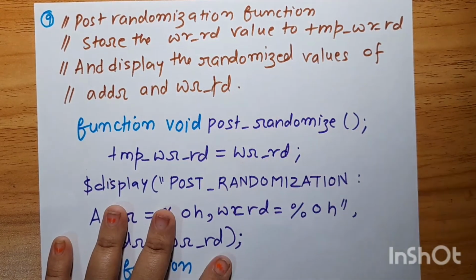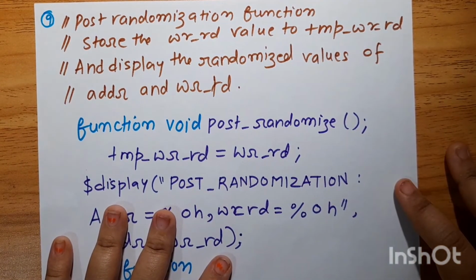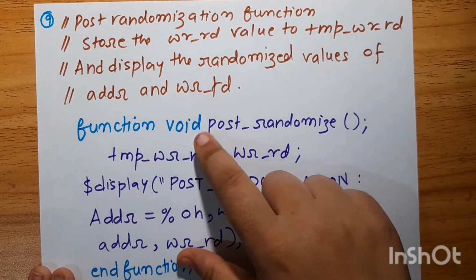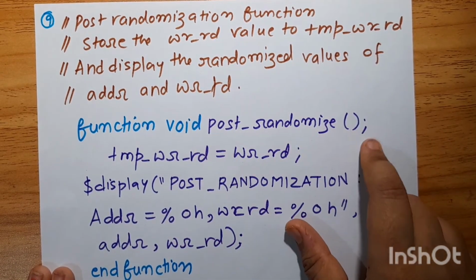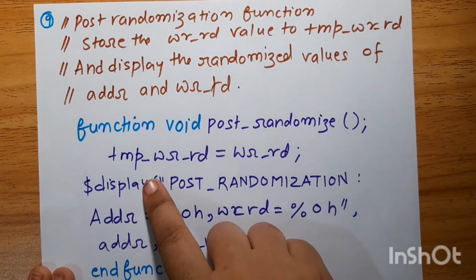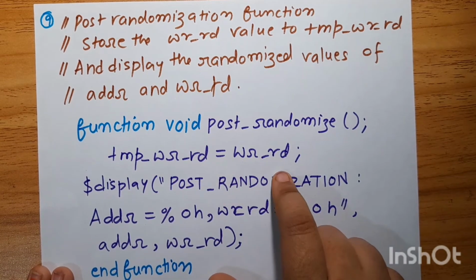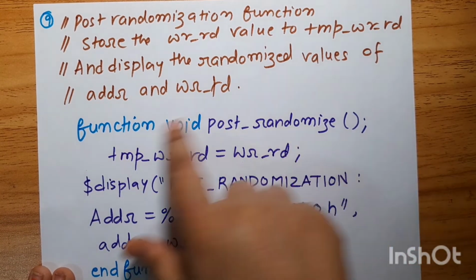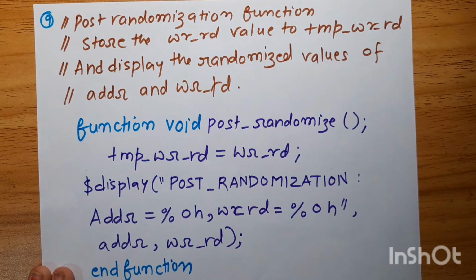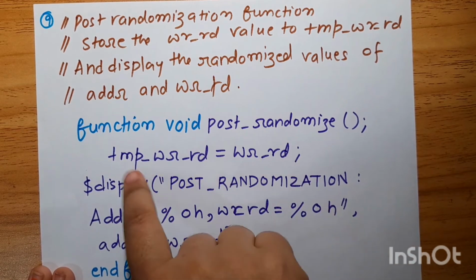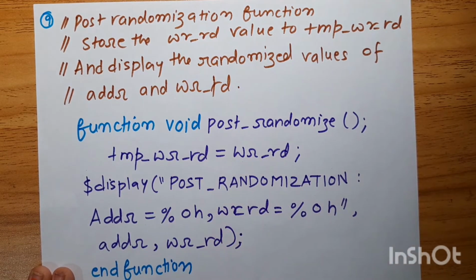Here is the function void post_randomize; definition. So temp_write_read is equal to write_read. The assignment will happen after the randomization happens and random values are generated for address and write_read. So I will assign the write_read value to the temp_write_read variable.